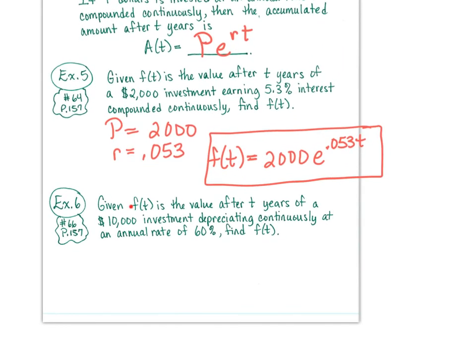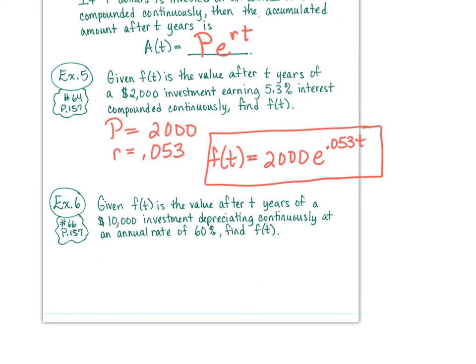Given F of T is the value after T years of a $10,000 investment, depreciating continuously at an annual rate of 60%, find F of T. Would you like a minute to try it? Yes. Okay, go for it. All right, so what are you given?